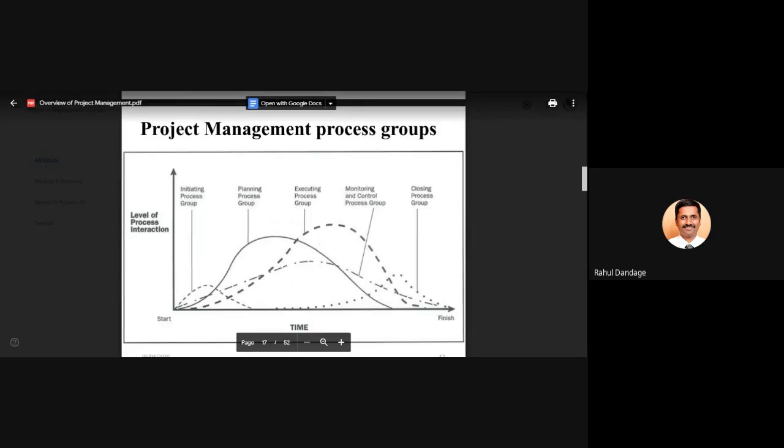Yes, anybody else? Process cycle. Interesting. Yes. Project management process. What about others? Are you there? Process cycle.